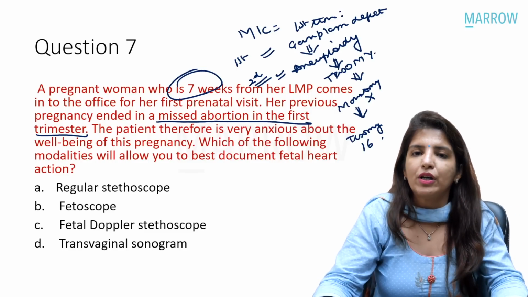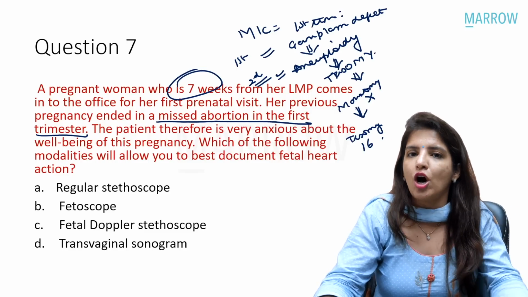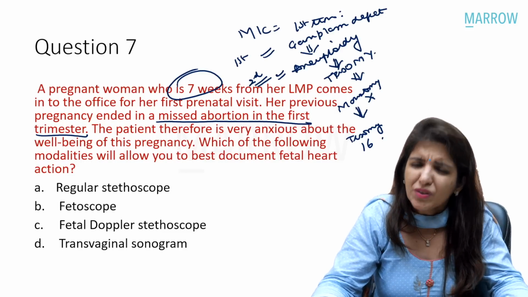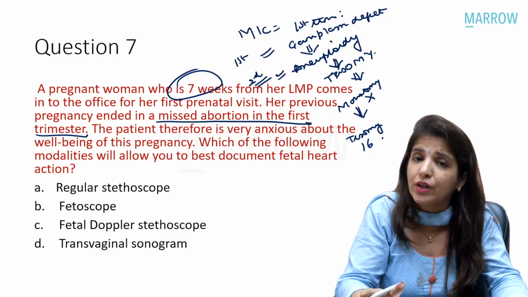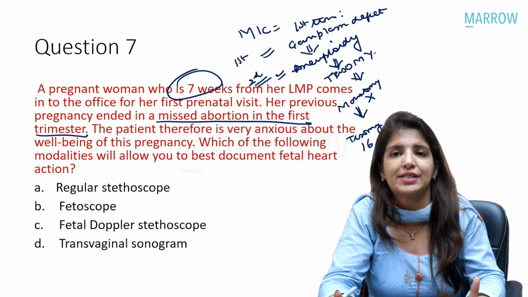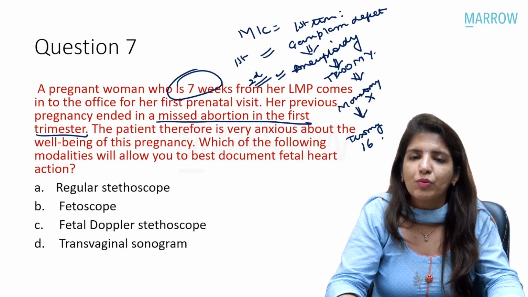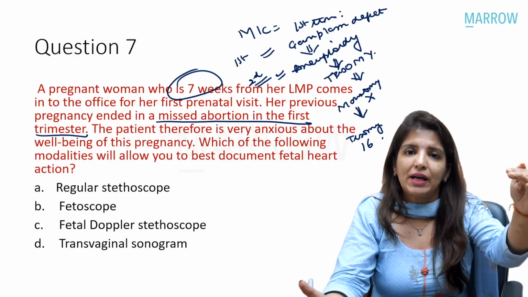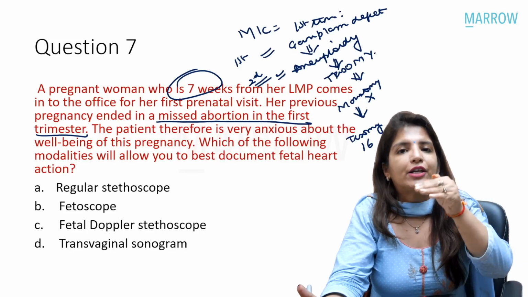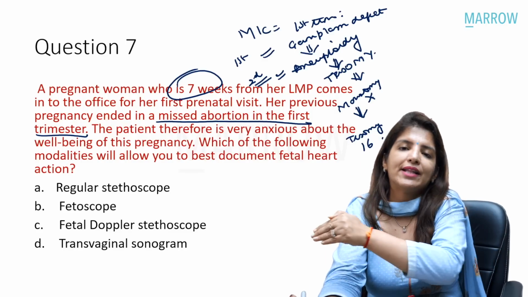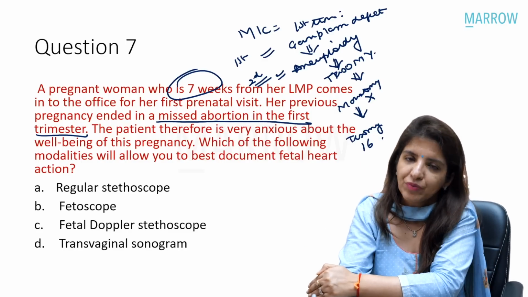So please remember, if they ask you what is the most common cause of a single episode of abortion, whether it is happening in the first trimester or the second trimester, your answer will be germplasm defect in this order: germplasm defect, aneuploidy, then trisomy, then monosomy X, and then trisomy 16, right?